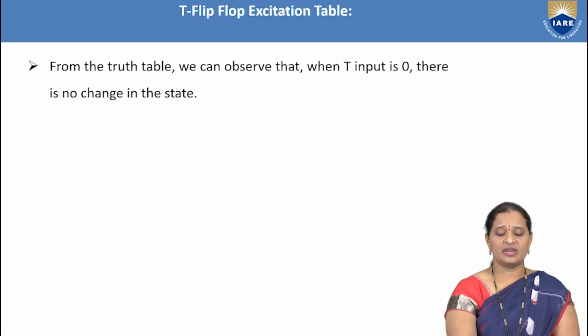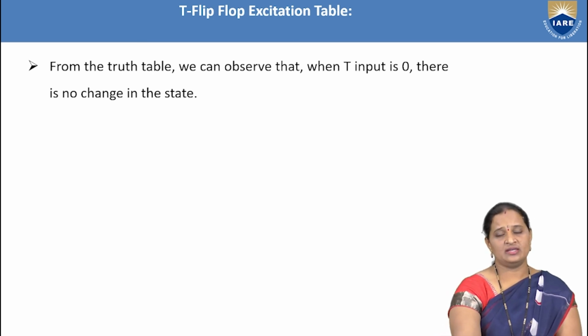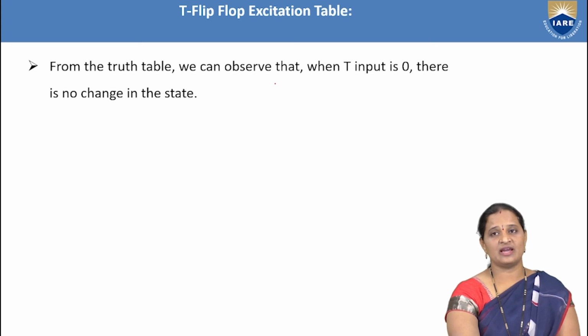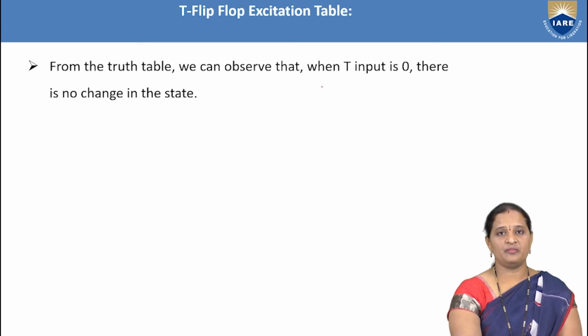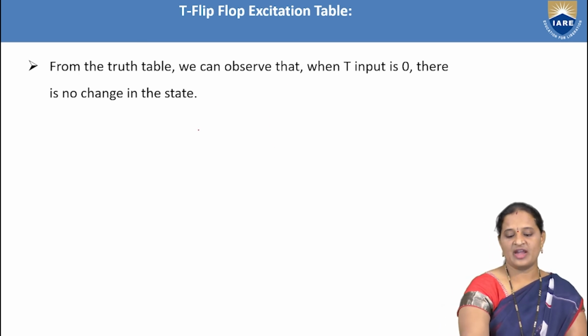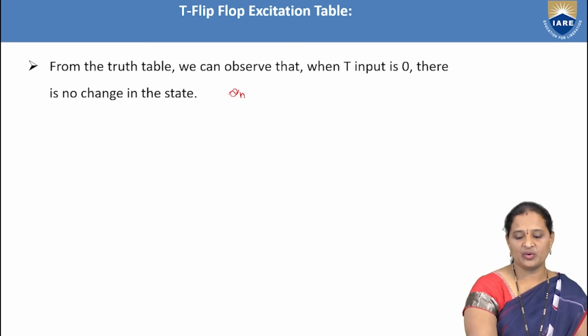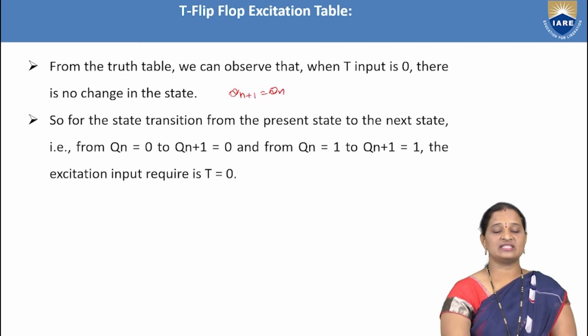Now, the summary. As we know from the truth table, when T input is 0, there is no change in the state of the flip-flop. That means we can say that Qn plus 1 is equal to Qn, that is, next state is equal to the present state.